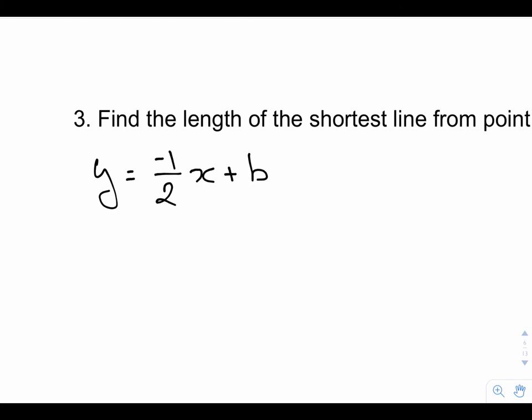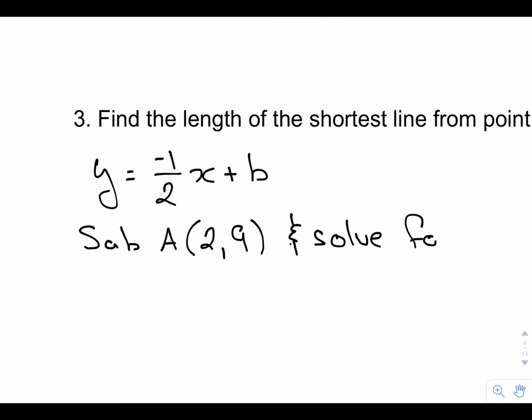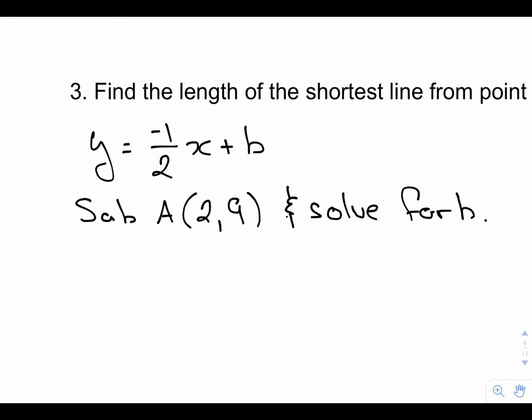To solve for my b value, I'm going to sub in the value of a and solve for b. So sub in a, which is the point (2, 9), and solve for b. In order to do that, I'm going to replace the y with 9.